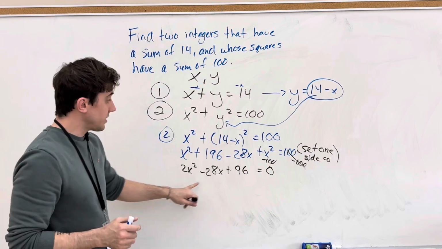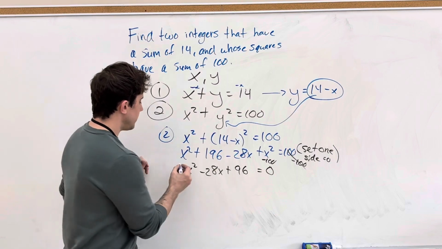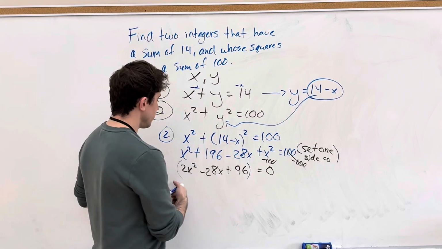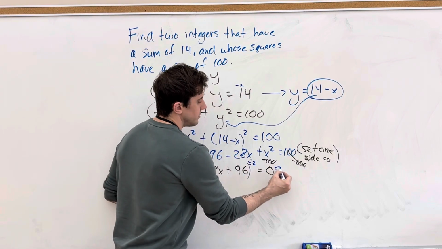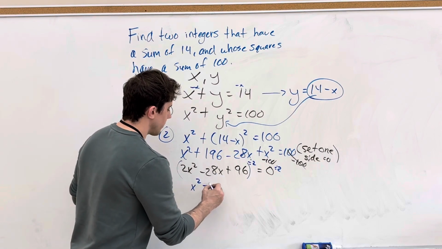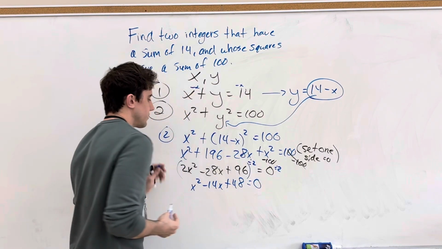Now, since we're solving an equation, not dealing with a function, we can divide both sides by something if it makes our life easier. You'll notice that everything is a multiple of 2. So dividing everything by 2 is certainly going to make our lives easier. And so now our equation becomes x squared minus 14x plus 48 is equal to 0.